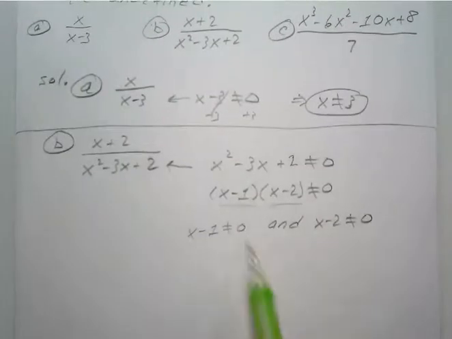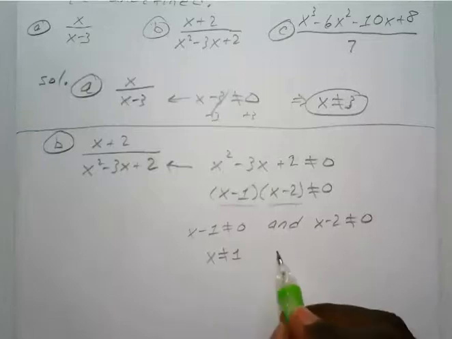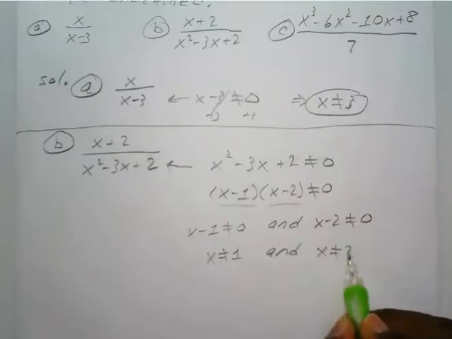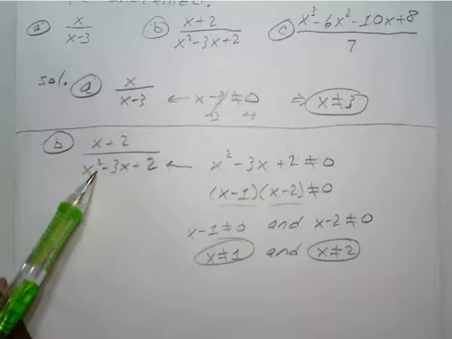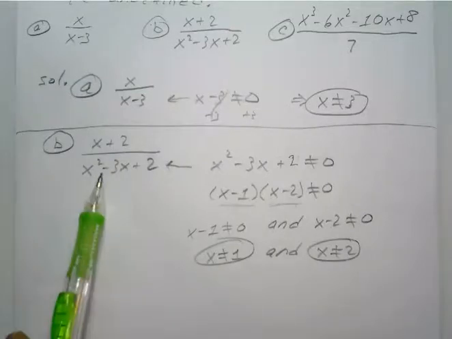If we add 1 to both sides, we see that x cannot equal 1. And if we add 2 to both sides, x cannot equal 2. So for this expression, you can plug in any value in existence and you'll be okay, except 1 and 2. As soon as you plug in either 1 or 2, you will make it undefined and it just won't exist.